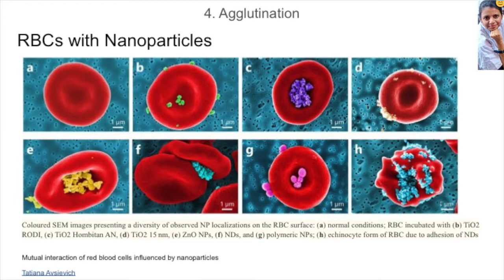So can silver nanoparticles, which can be extracted easily using plants, show any difference in agglutination pattern when we treat silver nanoparticles or any nanoparticles with the healthy RBC and the sickle cell anemic RBC?